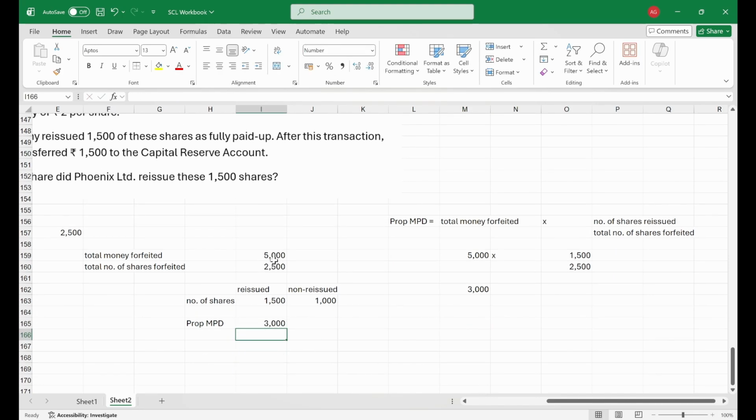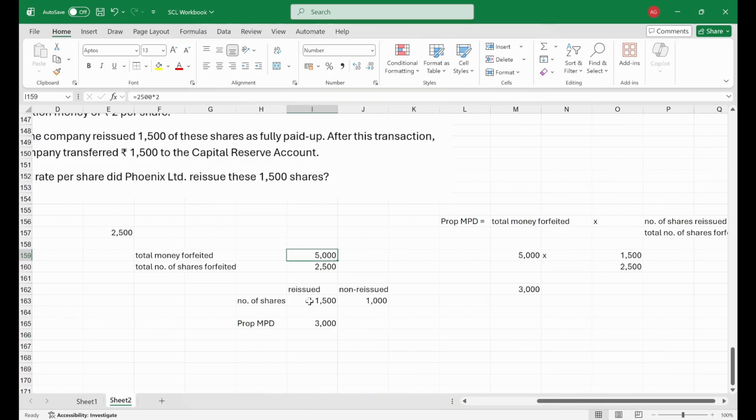See, I collected 5,000 rupees in the nature of forfeiture from the previous shareholder who defaulted. Against how many shares? Against 2,500 shares. Tomorrow, if I reissue this entire 2,500 shares at one shot, how much can I actually give as discount?